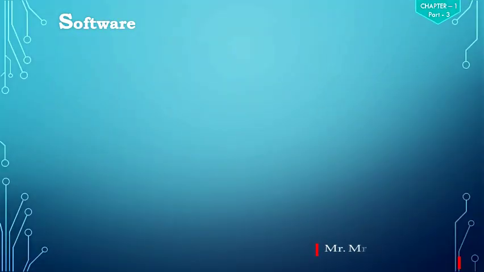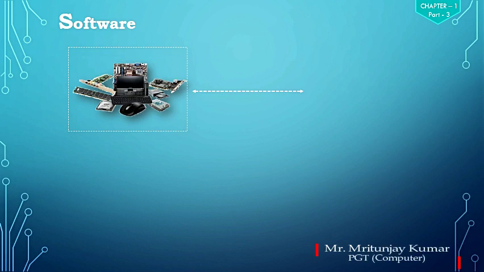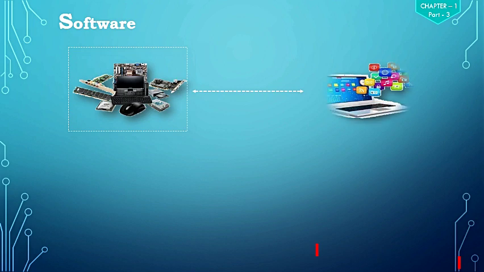Now we will see software. Till now, we have studied the physical components, or the hardware, of the computer system. But the hardware is of no use on its own. Hardware needs to be operated by a set of instructions, and these sets of instructions are referred to as software.